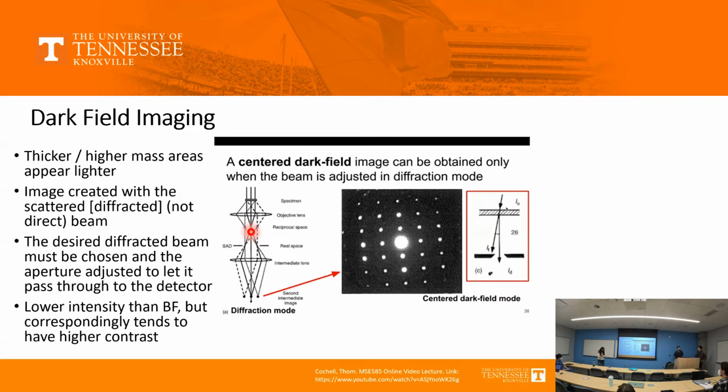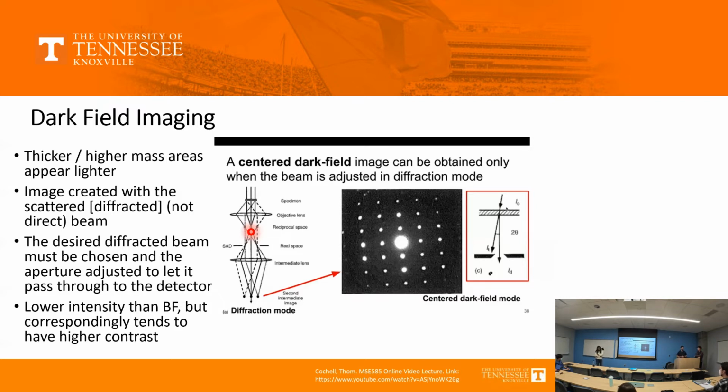In off-axis dark field, you just move the aperture and select the Bragg beam that you would like, whereas in center dark field, shown here, you adjust the optics such that the diffracted beam you want is centered on the optic axis. So conversely to bright field, in dark field, thicker or higher mass areas appear lighter.